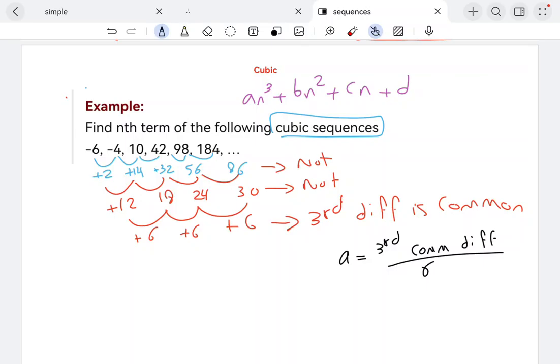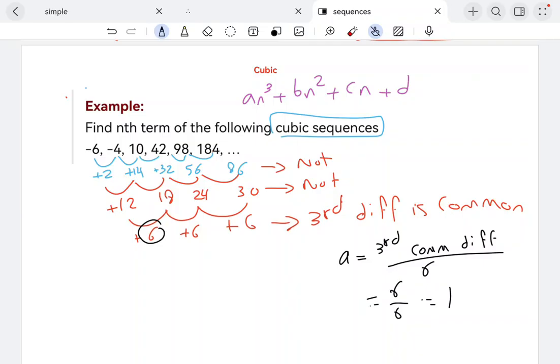For quadratic, a, the coefficient of n squared, is the second difference divided by 2. For cubic sequence, divide by 6. So now I see it's 6, divide by 6, 6 divided by 6 equals 1. We know a is 1.